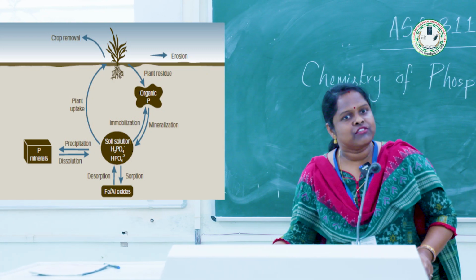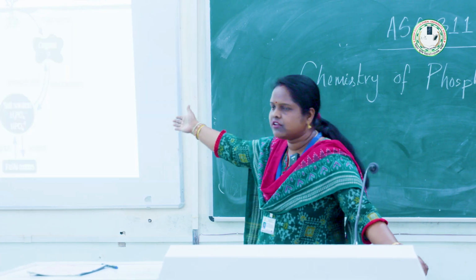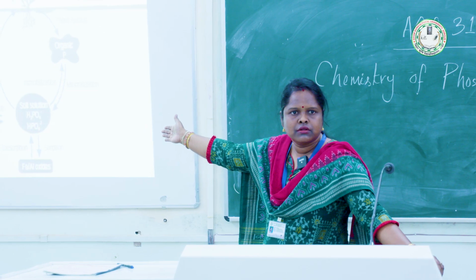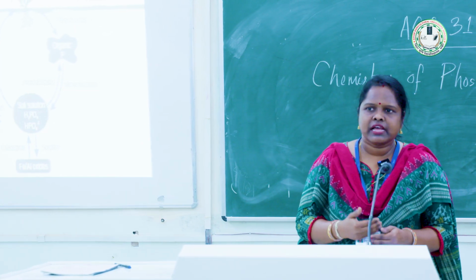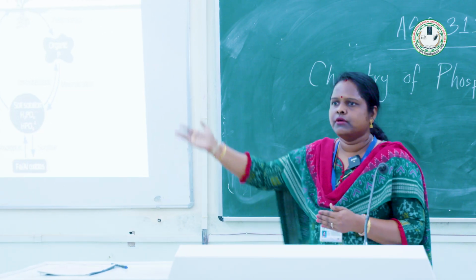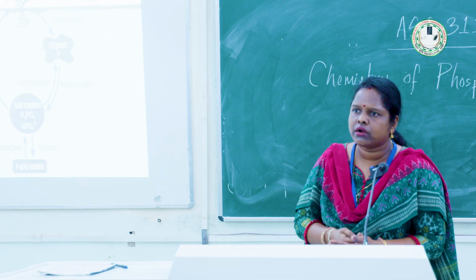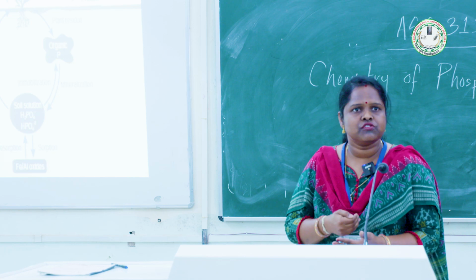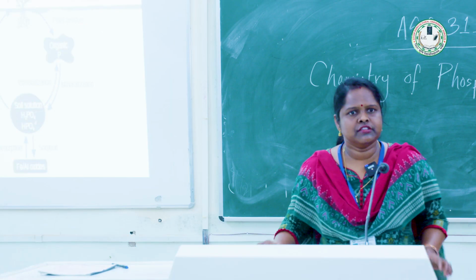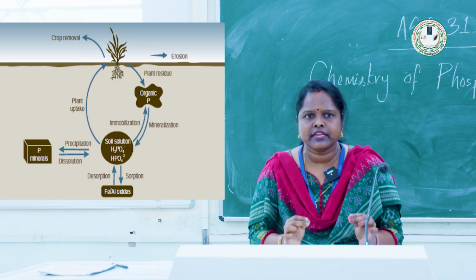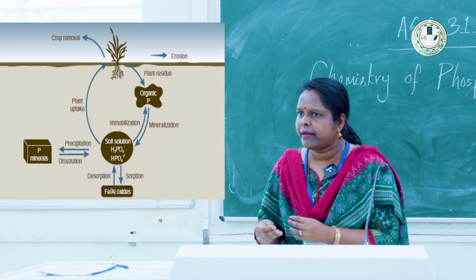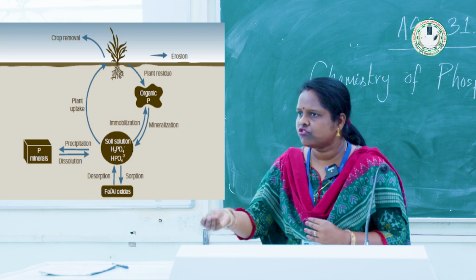Then what happens to that? We have already discussed mineralization. Different conditions are also required for all these processes. The availability of phosphorus, or phosphorus transformation in soil, is affected by various soil factors. What are those factors? For example, pH. This is the dominant soil characteristic which affects phosphorus availability or transformation in soil.